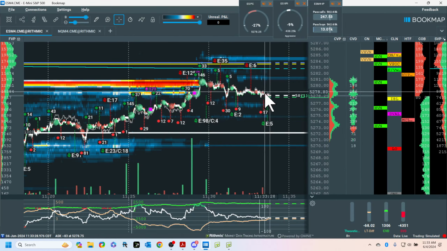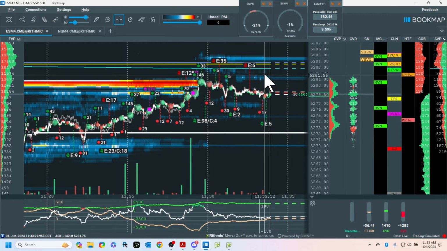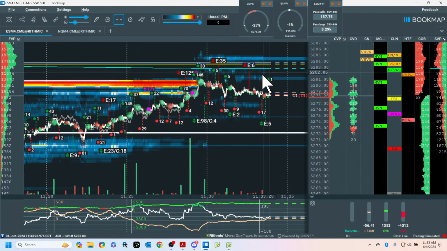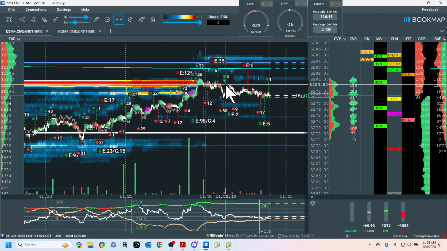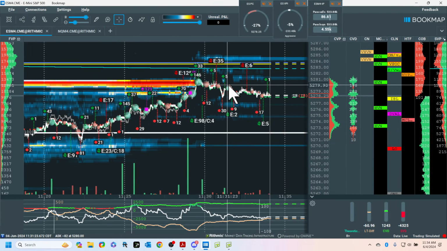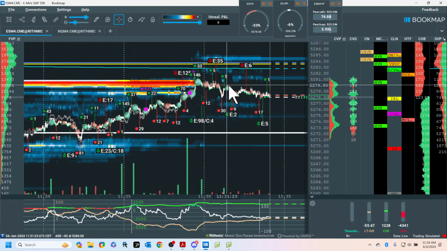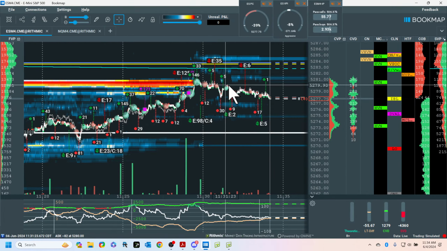So I can anticipate a rotation here. But I also know this has more force to it, more attraction. So this is like tissue paper. It's not strong, but it's structural. Right now we're rotating away from it, suggesting a downside rotation. It's a micro trigger. So we'll see what it does.